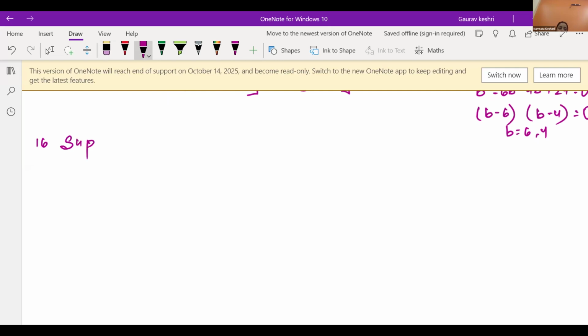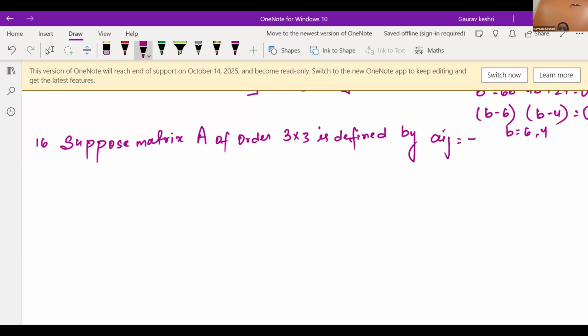Suppose matrix A of order 3 by 3 is defined by Aij is equal to the greatest integer function of (i plus j) by 2, right? Yes. Where this is the greatest integer function. It is written also.